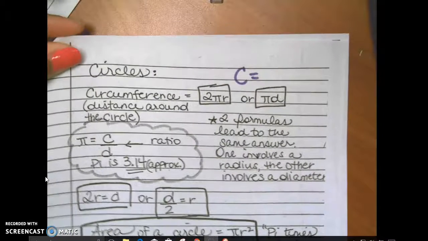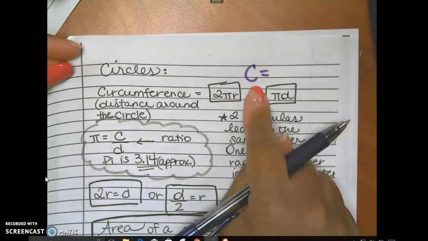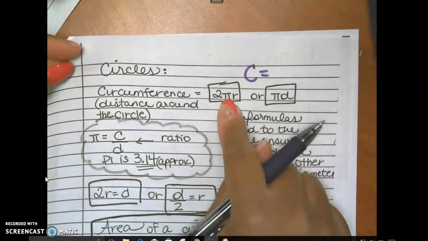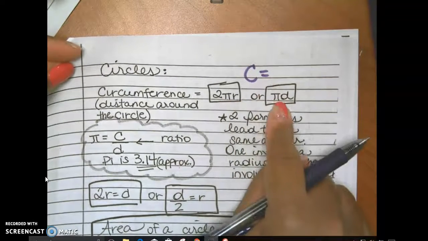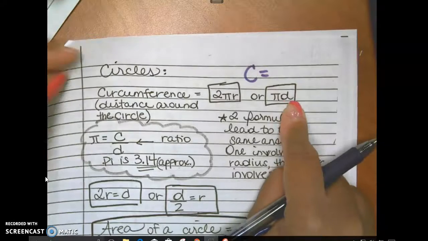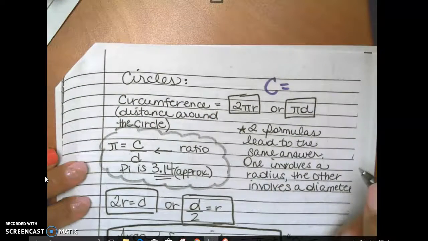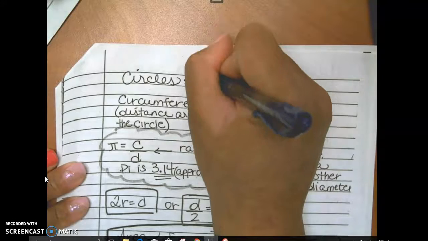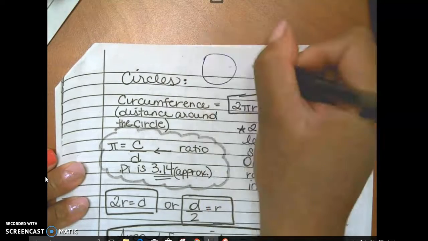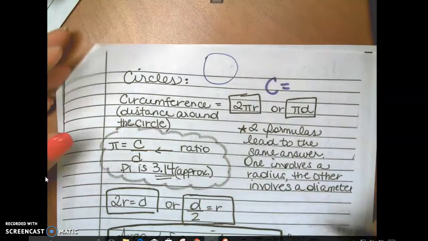All right, circles are a whole brand new beast. So C equals 2 times pi times r, or C equals pi times diameter. That is my circumference. It is the distance around the circle. So I'm literally going around the circle.